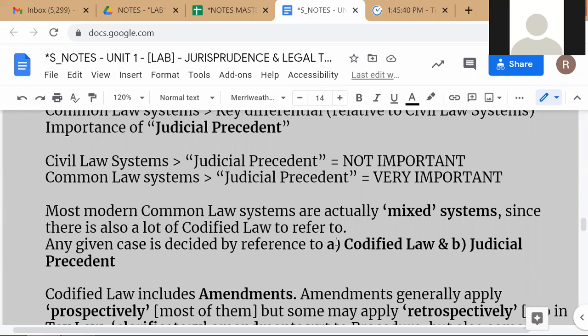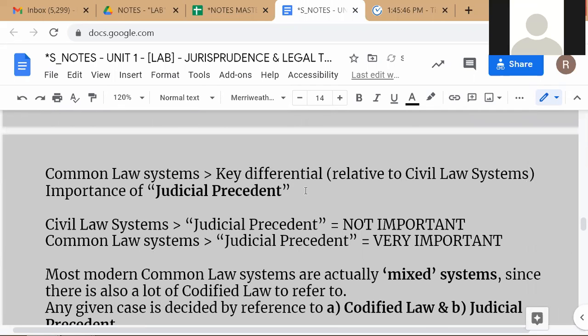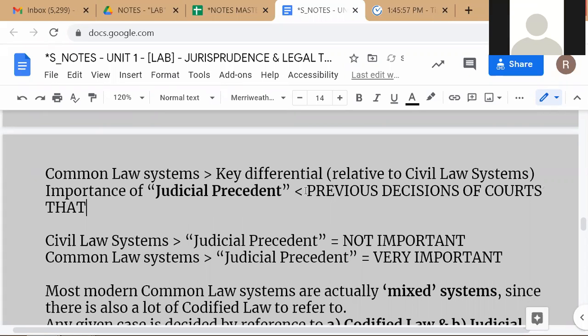So I should define judicial precedent here. I'm not writing perfect English.